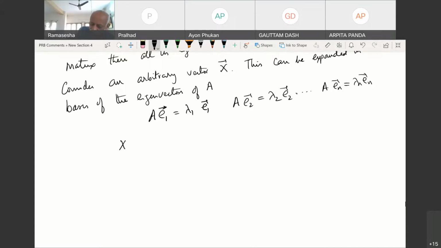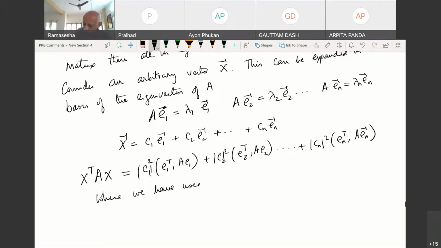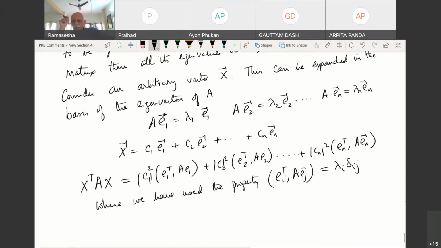A x equals modulus C1 squared E1 transpose A E1 plus modulus C2 squared E2 transpose A E2 plus, and so on, up to modulus Cn squared En transpose A En, where we have used the property that Ei transpose A Ej is lambda j delta ij. Because A Ej gives me lambda j Ej, and Ej and Ei are orthonormal, so Ei transpose Ej is equal to delta ij.